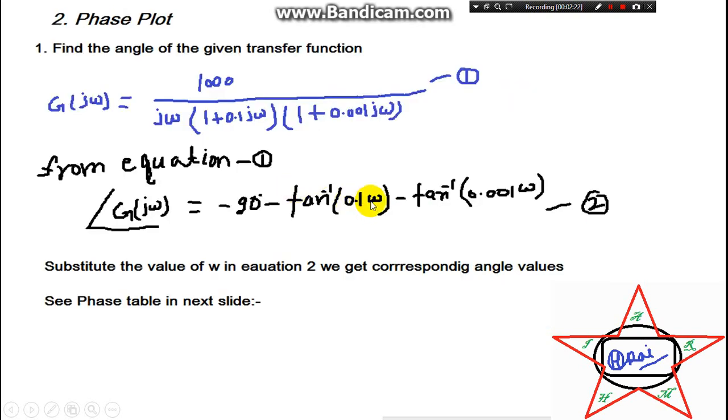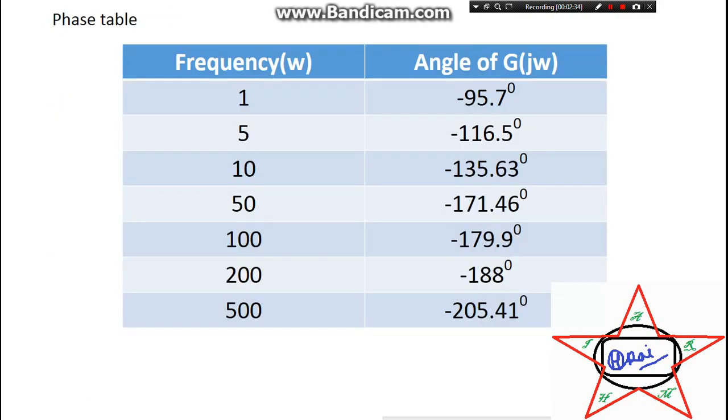If we put omega equal to 1, we get minus 90 degrees minus tan inverse of 0.1 into 1, minus tan inverse of 0.001 into 1, and we get an angle of minus 95.7 degrees.